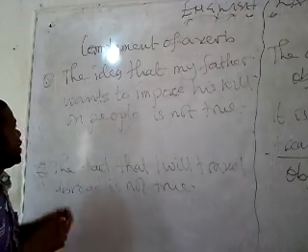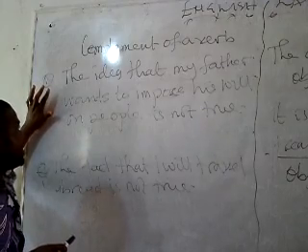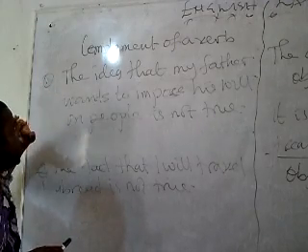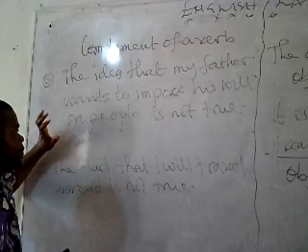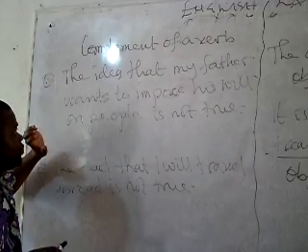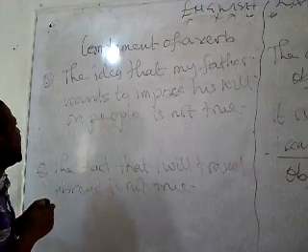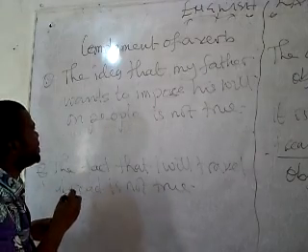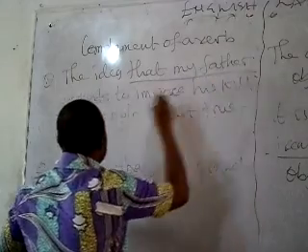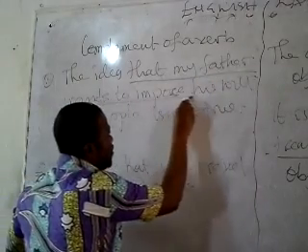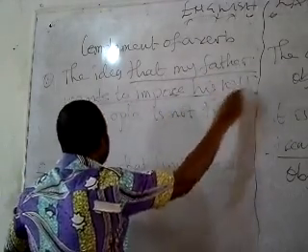Very good. Let's come back to the first example we have on the board. The idea that my father wants to impose his will on people is not true. And we have that my father wants to impose his will on people.